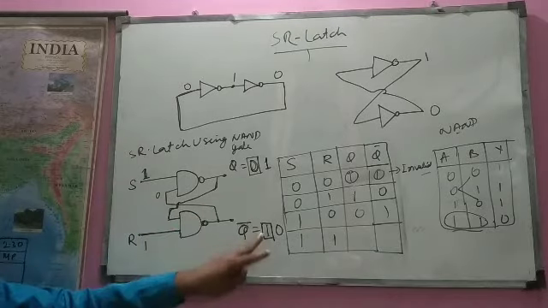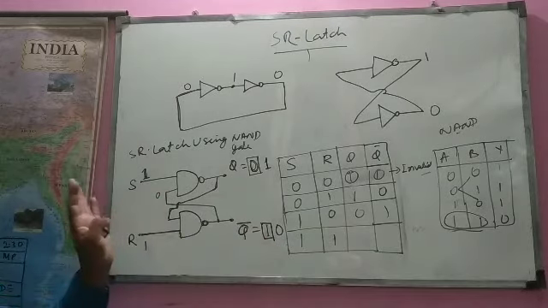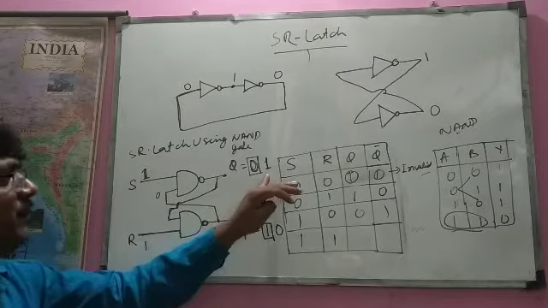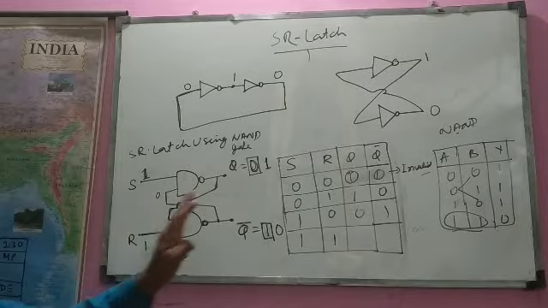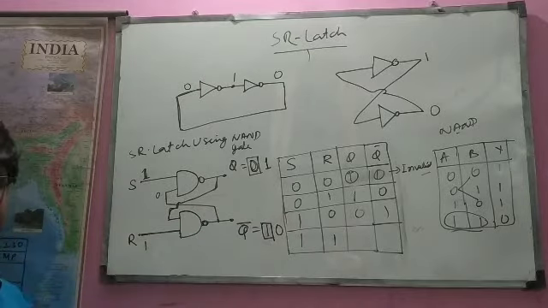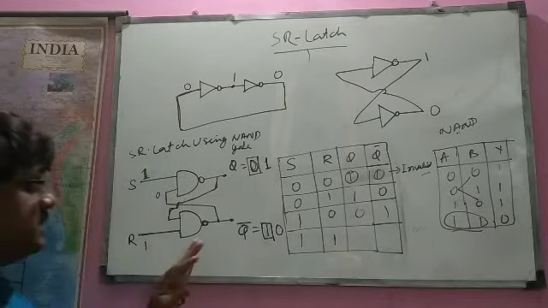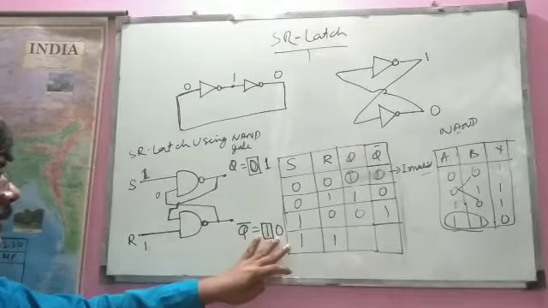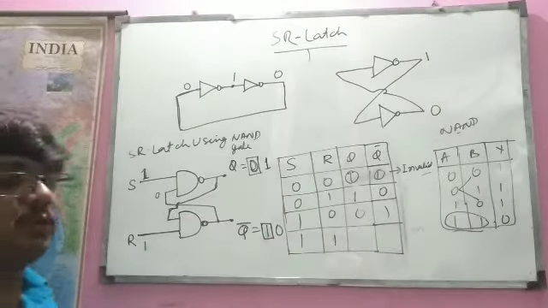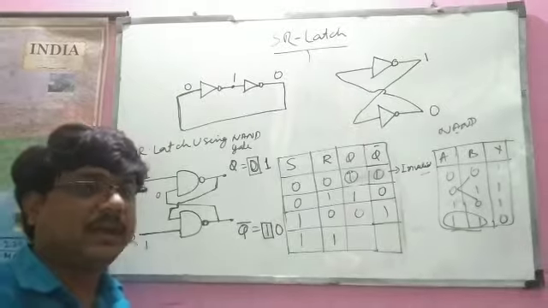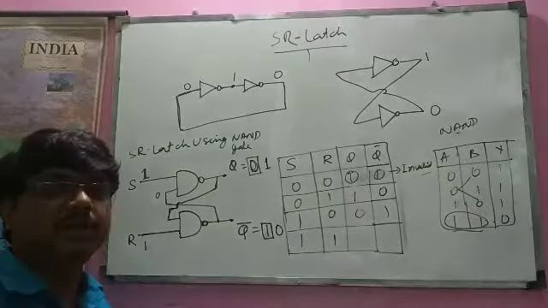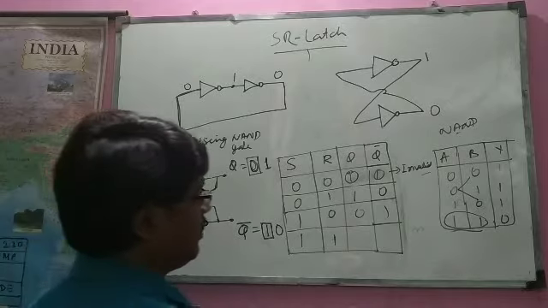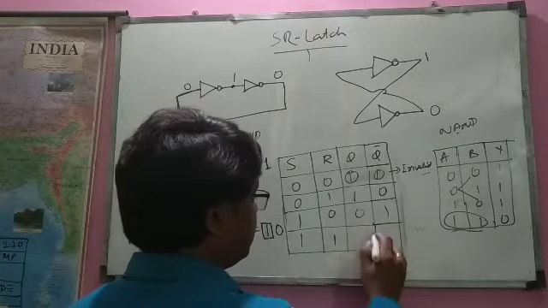If it was 0 1, then it remained in 0 1, and if we take the output 1 0, it again remains in the 1 0 state. Are you getting my point? This property is known as: this SR latch will remain in the previous state.